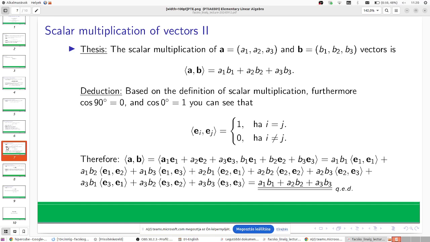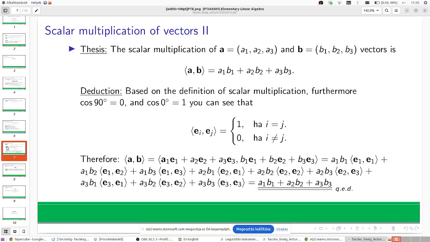This is an exception because I could write this easily. This is a statement. If you have an A and B vector with components A1, 2, 3, B1, 2, 3, then the thesis says you can calculate the scalar multiplication by multiplying the components themselves and adding.